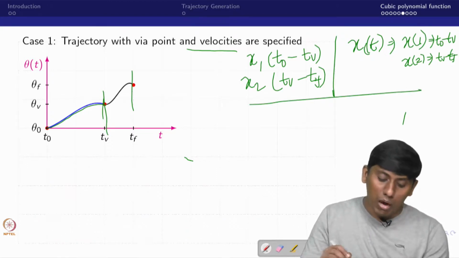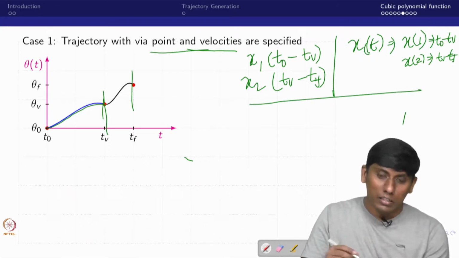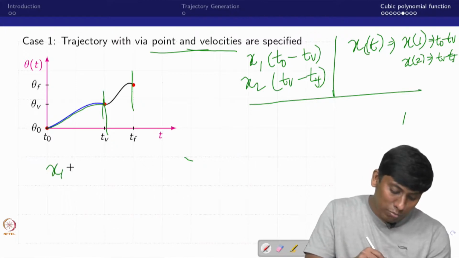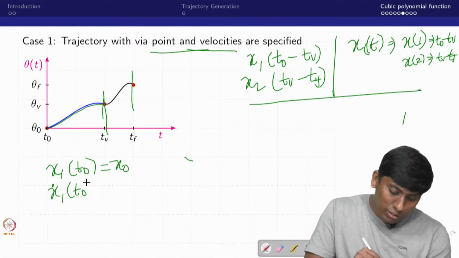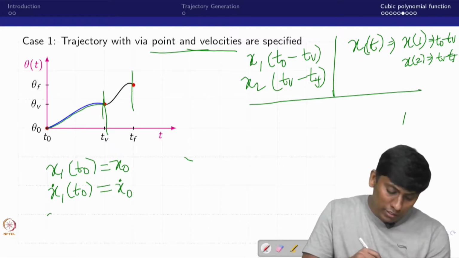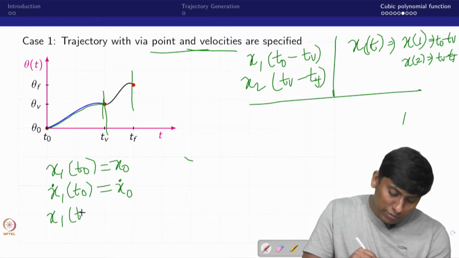In this case you have the via point velocity. I said x1 of T0 is x of 0, and x1 dot of T0 is x dot of 0, and x1 of TV is xv.